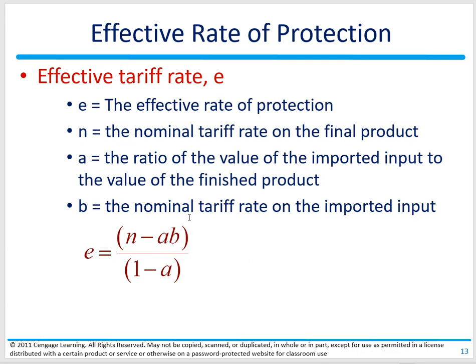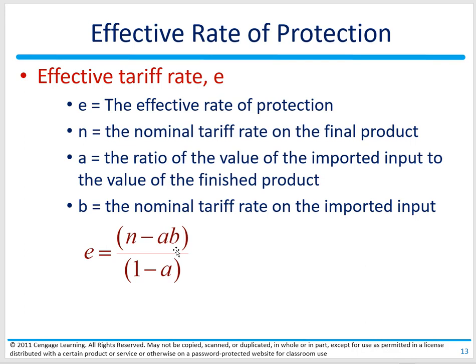B, the nominal tariff on the imported input. So this is the tariff that is applied not on the final product, but on the raw materials or intermediate products that we need to produce the final product. Again, N is the rate applied to the final product.